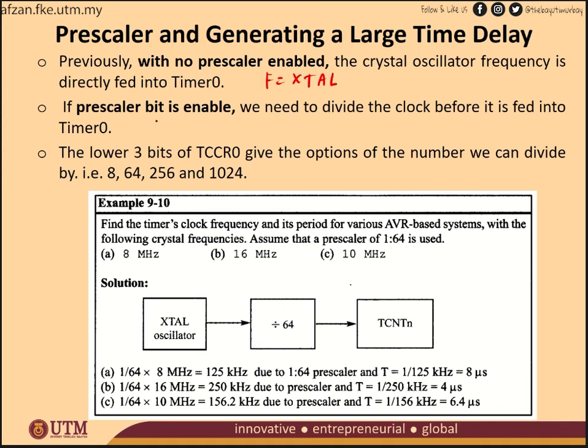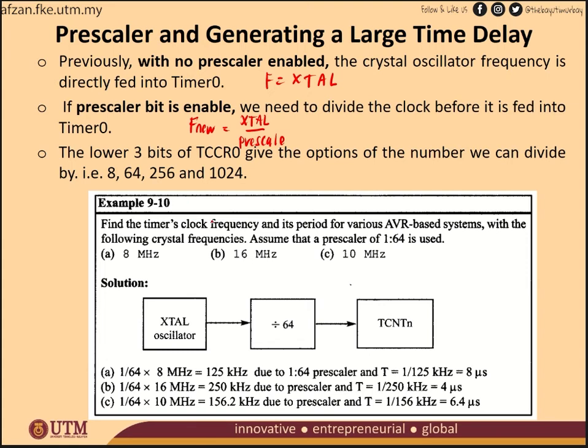But if the prescale bit is enabled, you need to divide the clock before it is fed into your timer, meaning that you need to find your new f equal to your XTAL divided by your prescale. So the lower 3 bits of TCCR0 will give you the option of the number we can divide by: 8, 64, 256 or 1024.